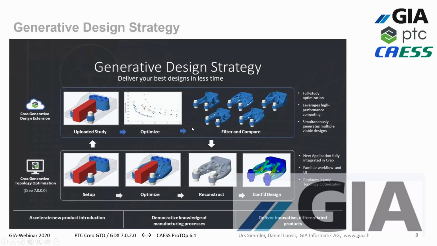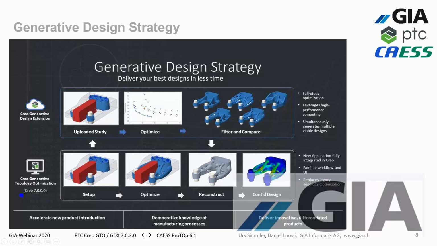What's the strategy of PTC with these two products? By the way, these products came from another company, because PTC bought a company 2 years ago with the name Frustum, and this company's products were these generative design capabilities, and now they are implemented in the Creo Parametric product family.